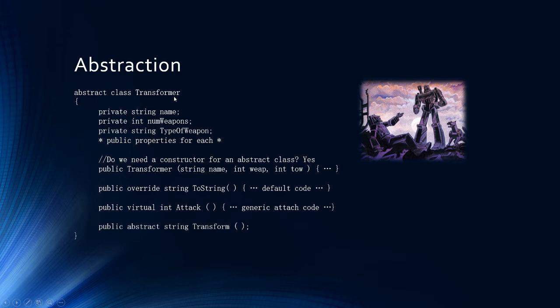The transformer class inherits by default from the system object, so we can still override the system object's toString to generate a string value for this transformer instance, even though we can't have one. And then we can create virtual methods, and a virtual method is one that we have in our base class, but by labeling it as virtual, we're keying that it can be overridden.